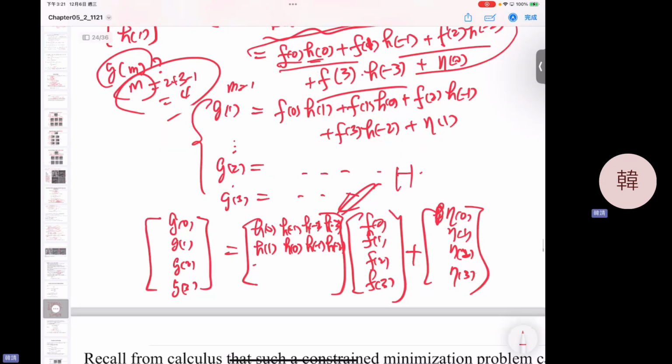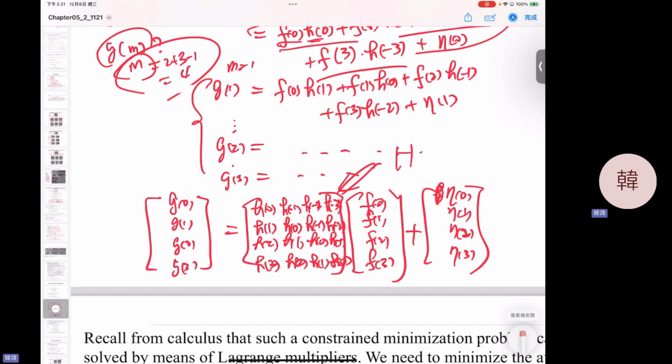And this one should be H2, H1, H0, H minus 1. It's a shifting. Actually, we call it a circulant. And this one should be H3, H2, H1, H0. Okay.